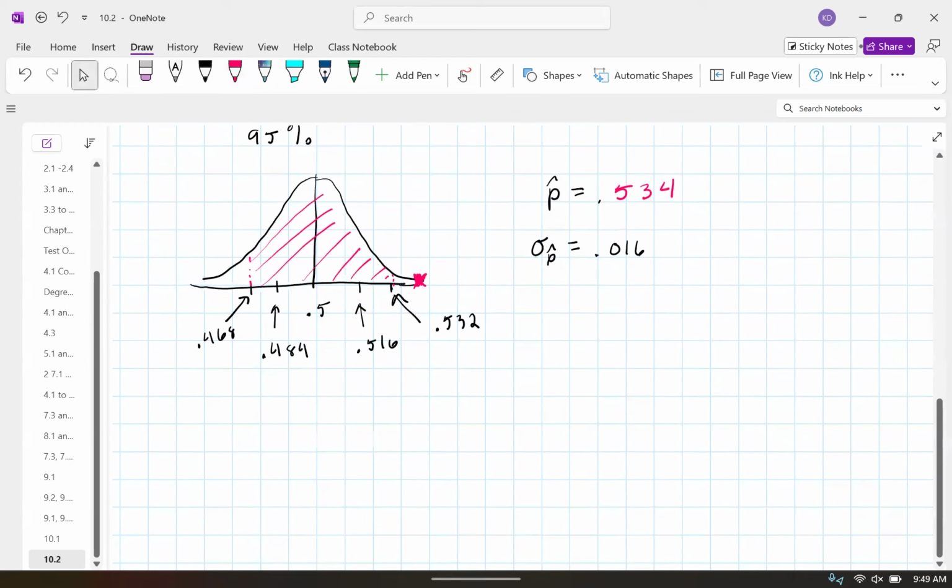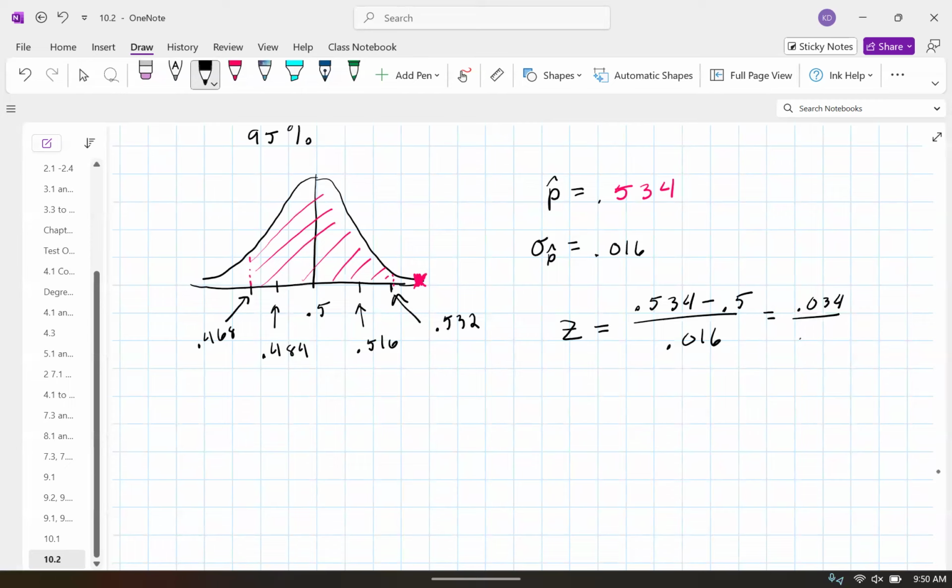Okay. If we want to be slightly more formal, we find the z-score. So that is going to be our calculated number minus our mean divided by our standard deviation, and 0.534 minus 0.5 gives 2.13.